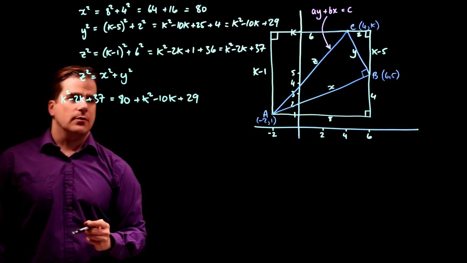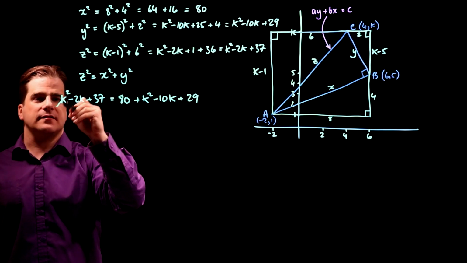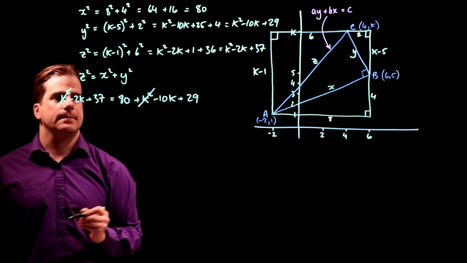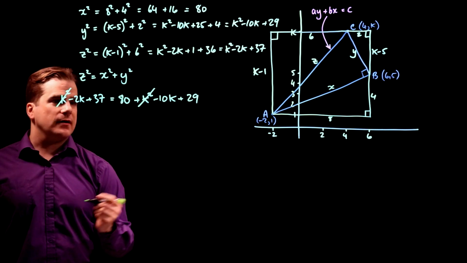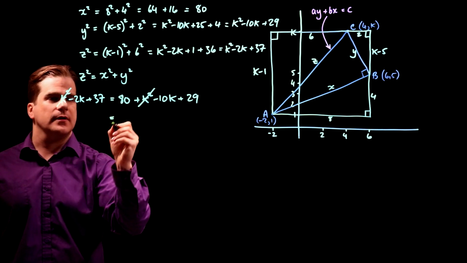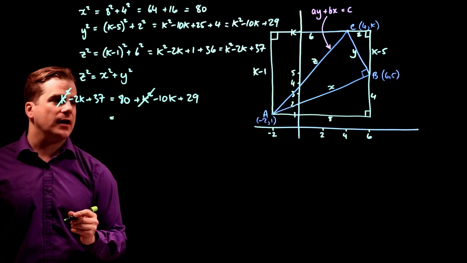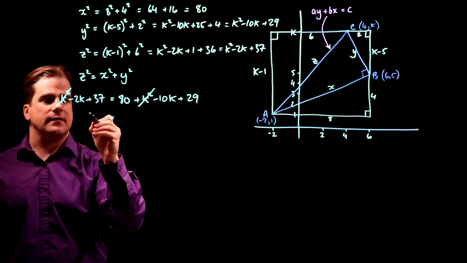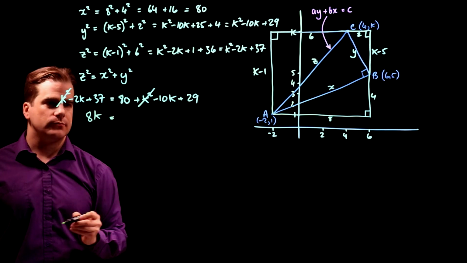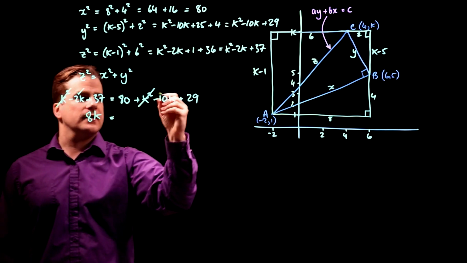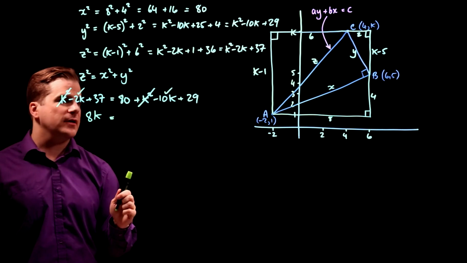Right, well, first thing, we can cancel the k squareds, which is nice. So let's get all the k's on this side. So bring the minus 10k over here, it becomes 10k minus 2k is 8k. So that's that dealt with and that dealt with. Now we've just got numbers.